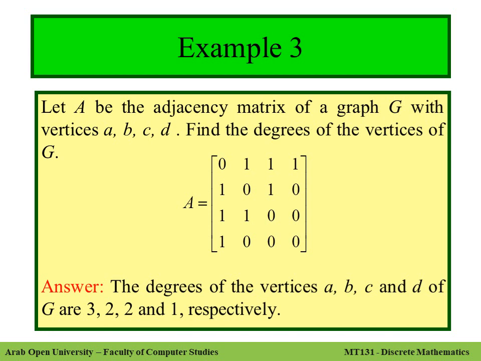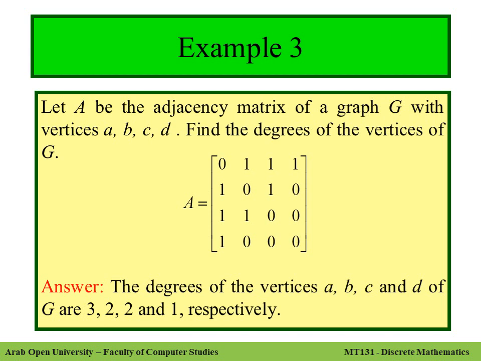Okay, this is now another example. This is another thing we can do with matrices, you can tell the degree. If you have the matrix for a graph, then you can tell the degrees of each vertex from the matrix.